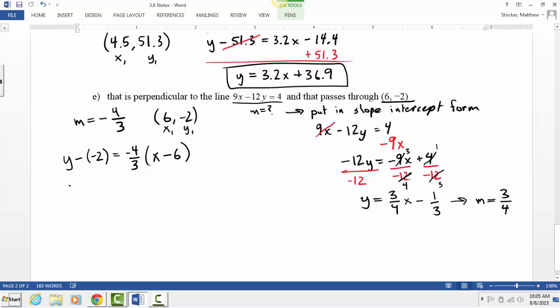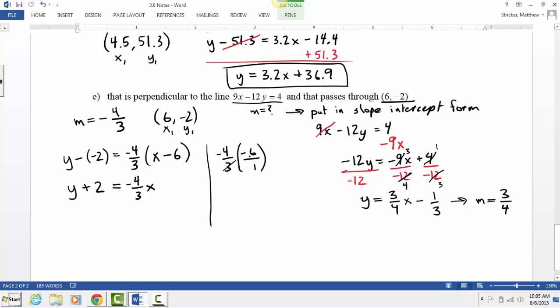And then we go ahead and simplify. This becomes y plus 2, the double negative rule. Distributing, we have negative 4/3 times x is negative 4/3 x, and then do some math off to the sides here. We have negative 4/3 times negative 6 over what? Over 1, because it's a whole number, so we write it over 1.